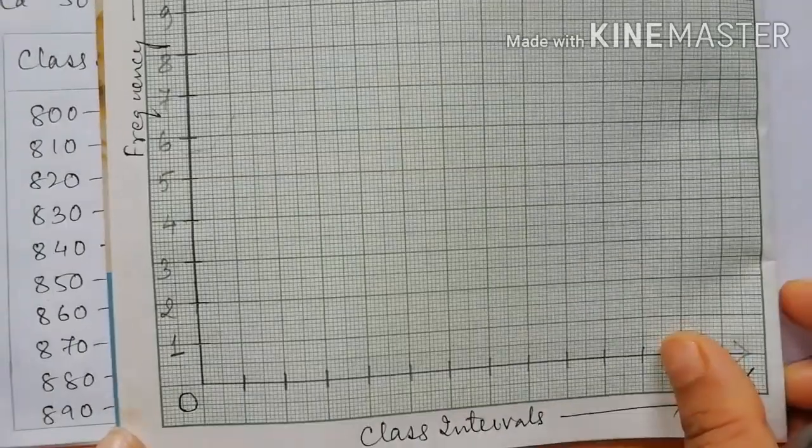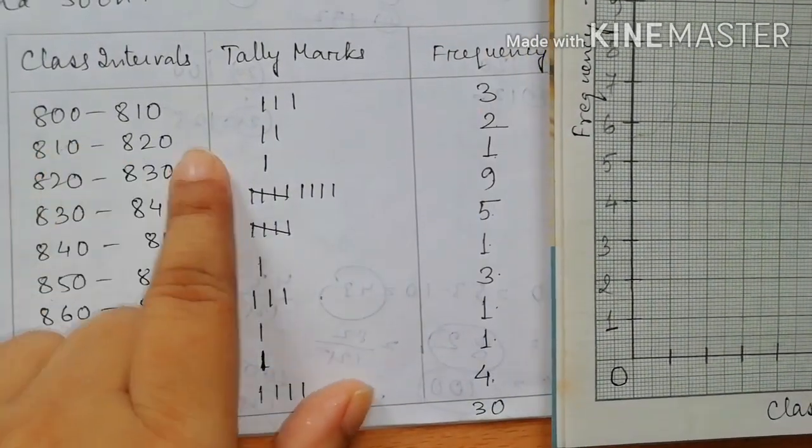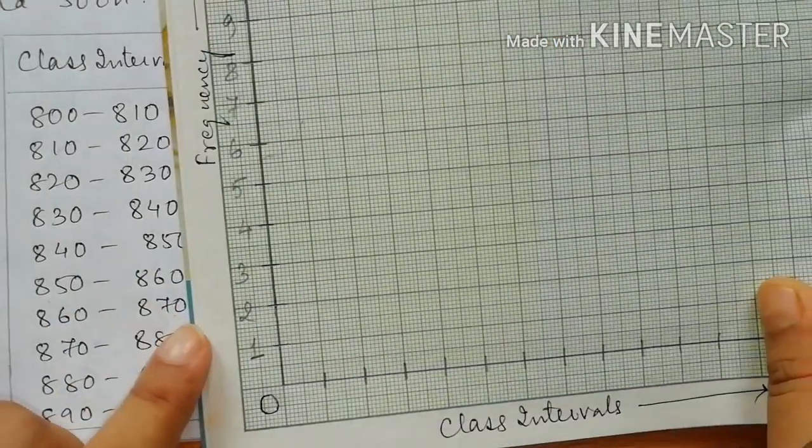Now we will draw the histogram. The first class interval 800 to 810 has a frequency 3.